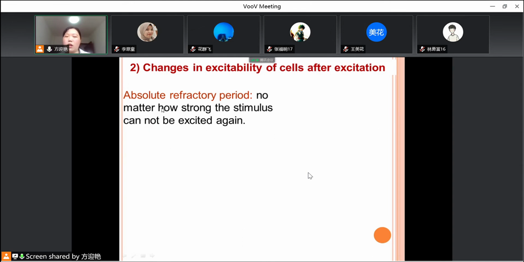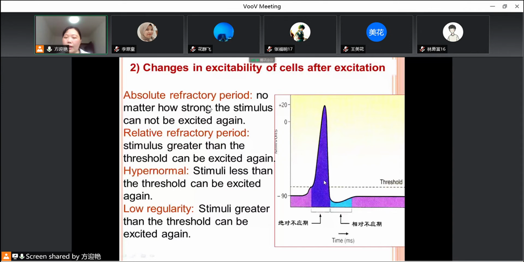During the period of the action potential spike, no matter how strong the stimulation is, a second stimulation cannot produce another action potential.